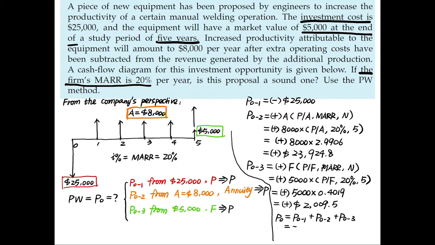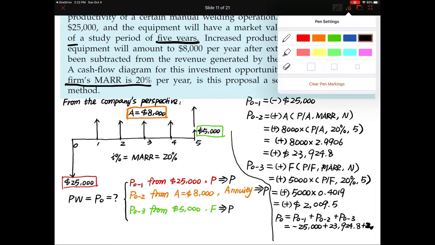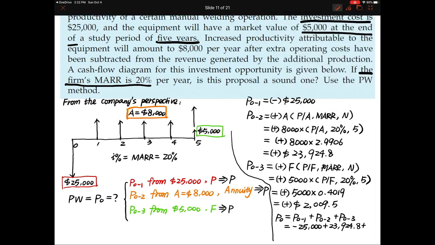P01 is a negative number, 25,000. P02 is 23,924.8. And P03 is 2,009.5.